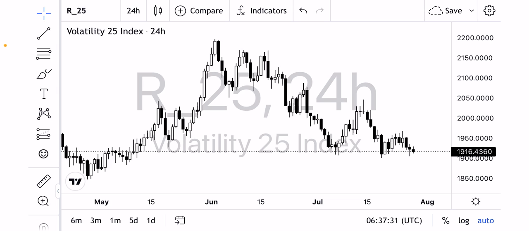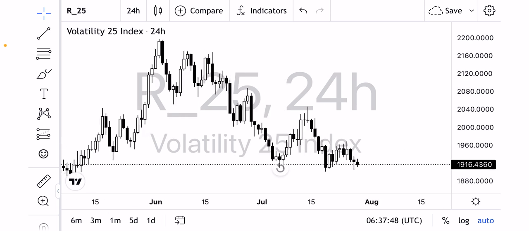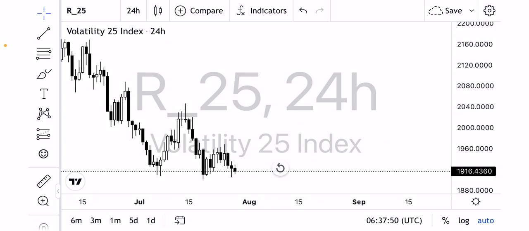So what do you have to do on the higher time frame? Number one, ensure that you understand the reaction zones of the market. Then secondly, you have to know the POIs, where the market is currently, where we are coming from, and where the market is going to, so that you don't get stopped in the market.